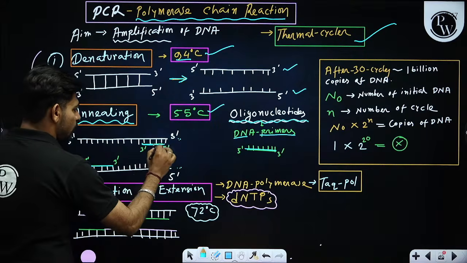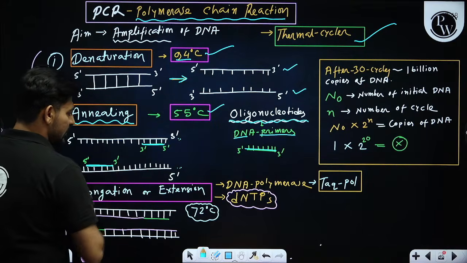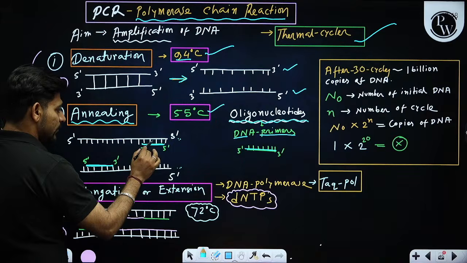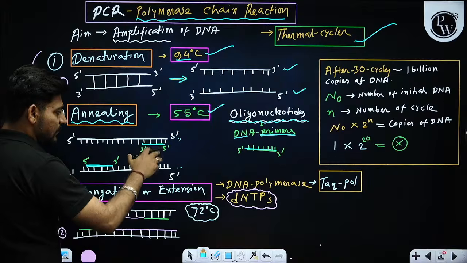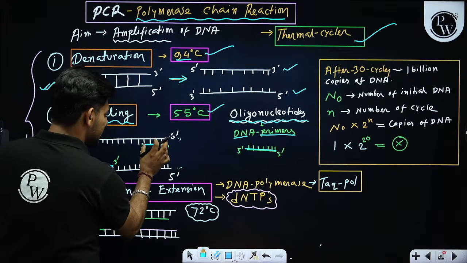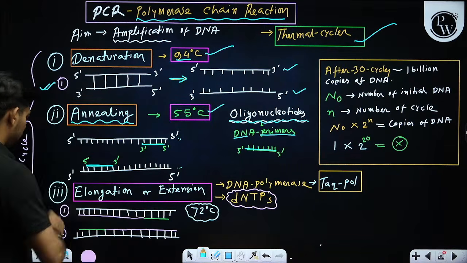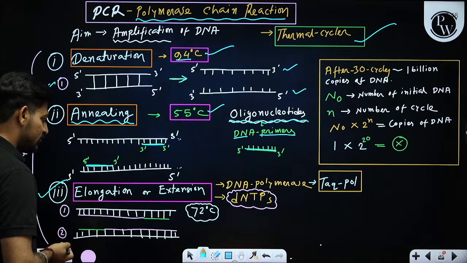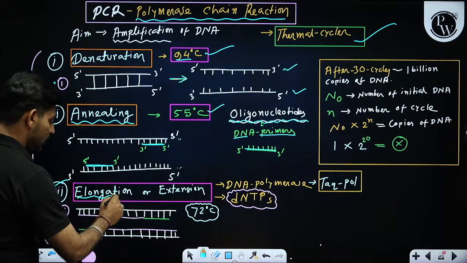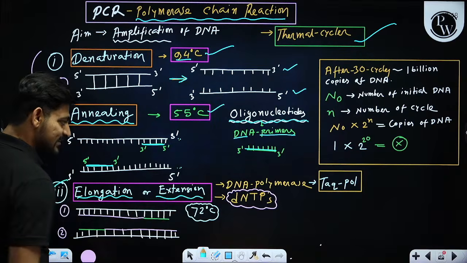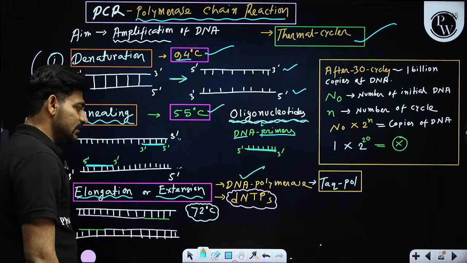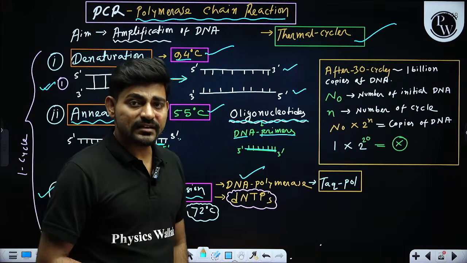Now these short oligonucleotide pieces of DNA will be acting as primers, and you know that for the function of DNA polymerase you need these primers. Okay. Now the next step is to produce the real double strand, and the step is called elongation or extension, and for that you have to utilize DNA polymerase, and here you need thermostable DNA polymerase.